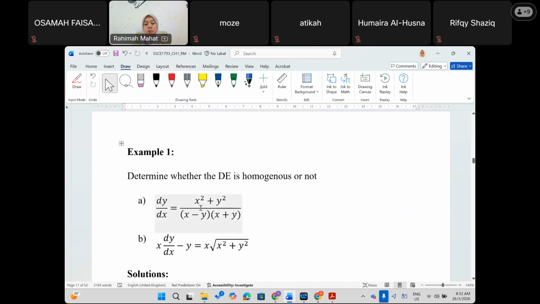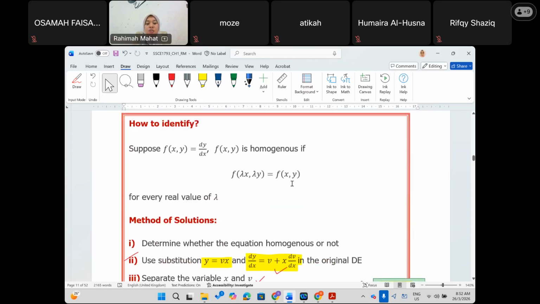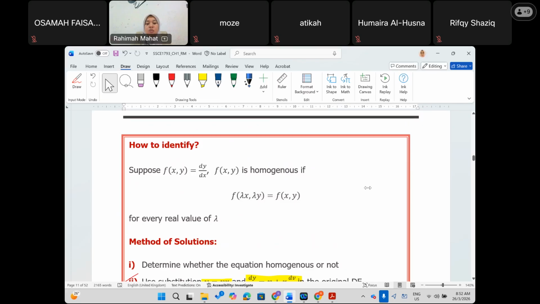Okay, this is the example. Determine whether the DE is homogeneous or not. To determine whether the DE is homogeneous, by using the definition here, you times with lambda, and you can get the equation back.